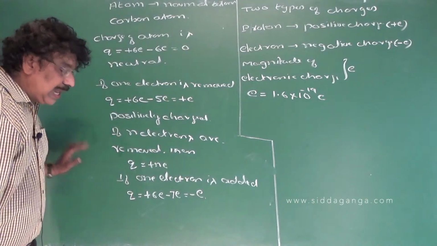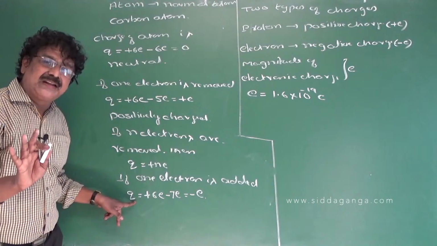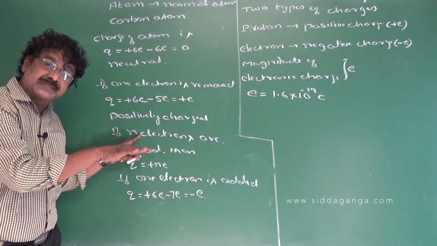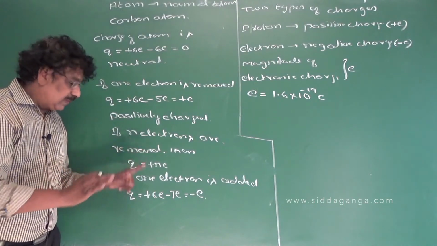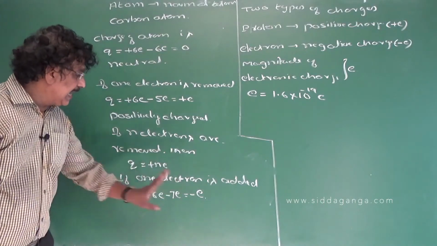So now the atom becomes negatively charged. When an electron is removed, it becomes positively charged. When an electron is added, it becomes negatively charged.